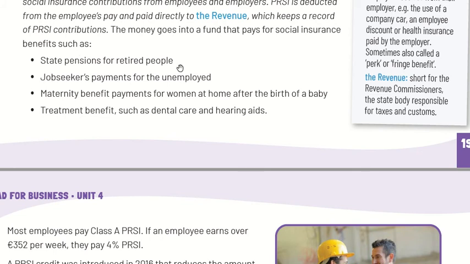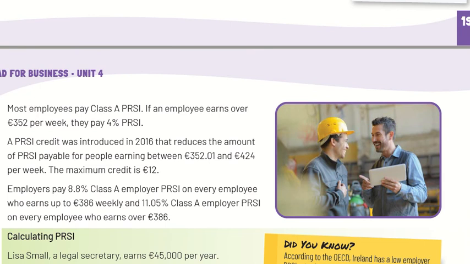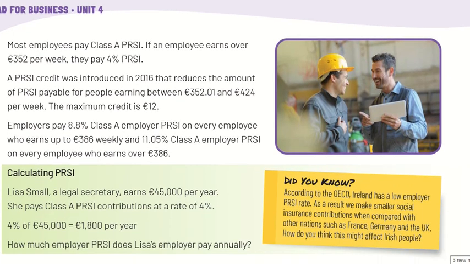Jobseeker's payments: if you become unemployed, you have entitlement to the jobseeker's benefit. Maternity benefit: if you're out on maternity leave for six months or whatever, you'll get a social welfare payment for that. And everyone, once a year, can get a dental checkup, and these benefits go towards hearing aids, glasses, that kind of thing.